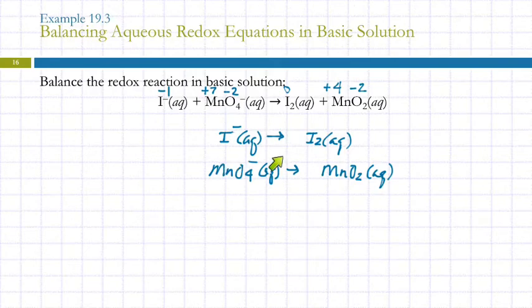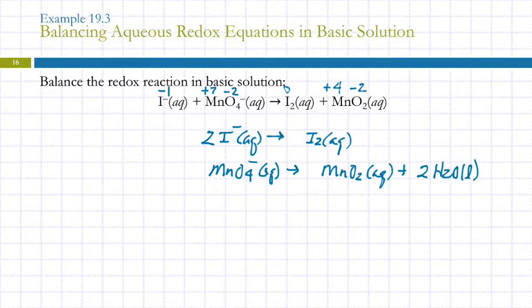I'm going to balance this first one with respect to mass. I've got 2 iodines and only 1 over there, so it needs to be 2 iodides. Down here, I've got 1 manganese on each side, but I've got 4 oxygens and only 2 oxygens. So I balance the oxygens by adding 2 water molecules over here.